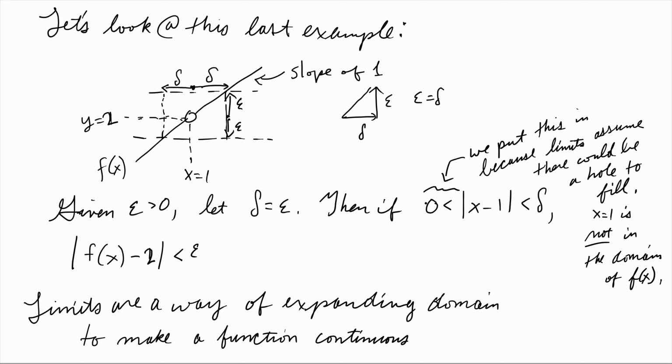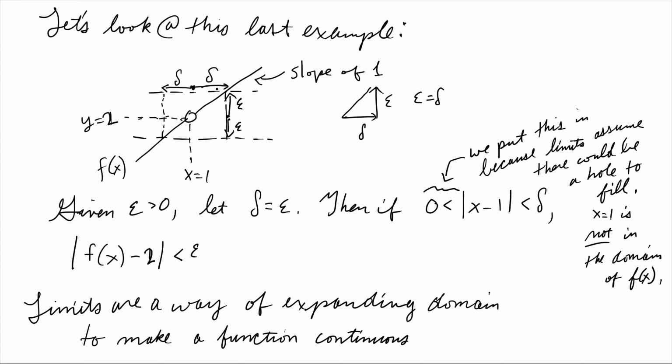Here I put in this. This is the part that talks about x being inside some fuzz in the domain centered about 1, going this way and that way. Delta, a little distance.